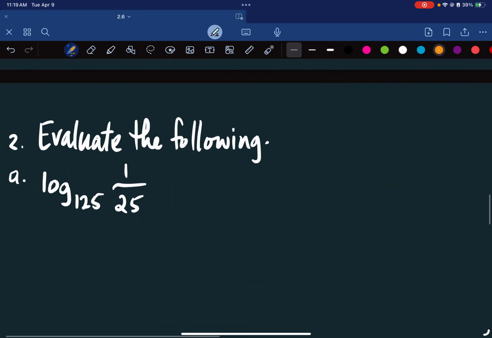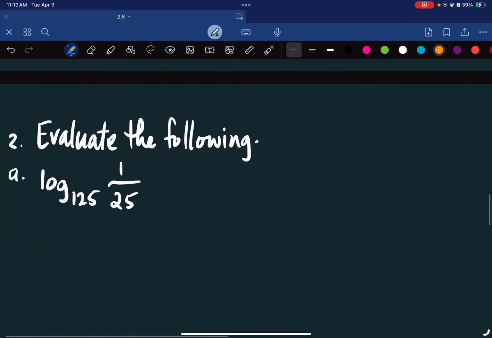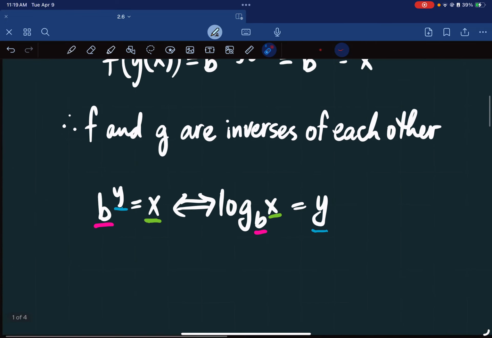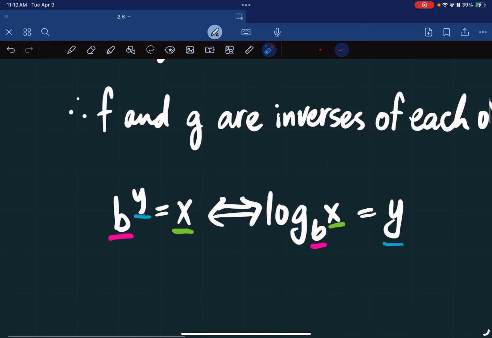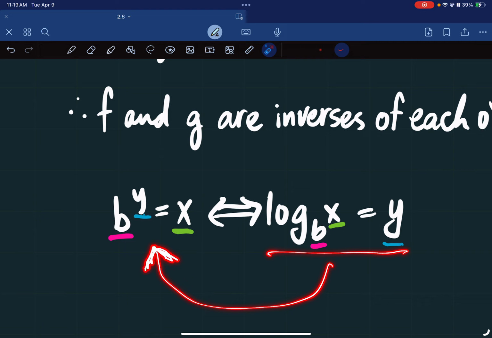For number 2, evaluate the following. Let's go back first to this one. To evaluate logarithms, what we want to do is convert them into exponential form, since we already know how to solve exponential equations.